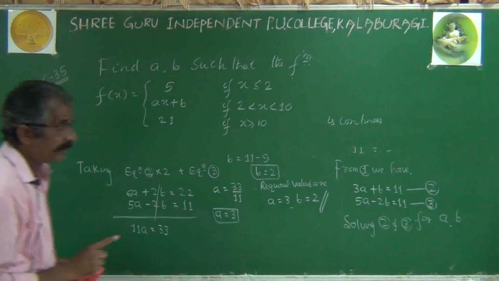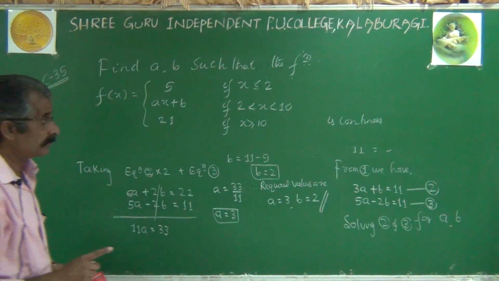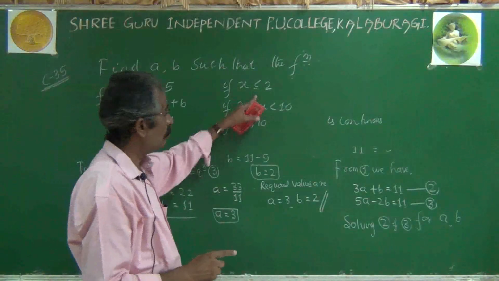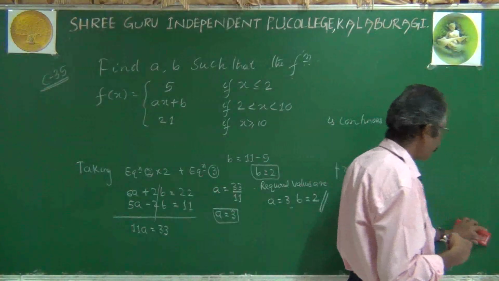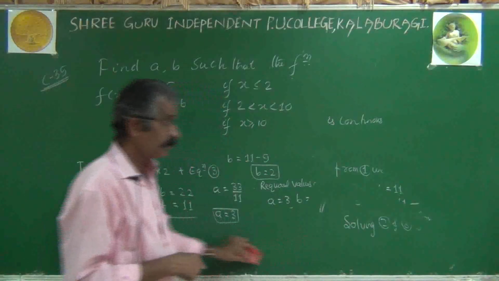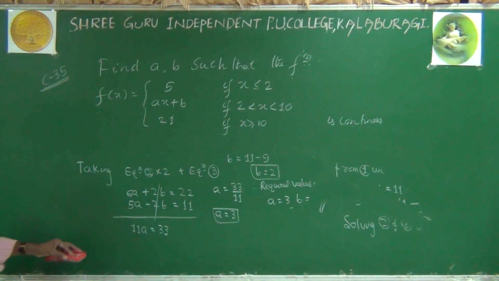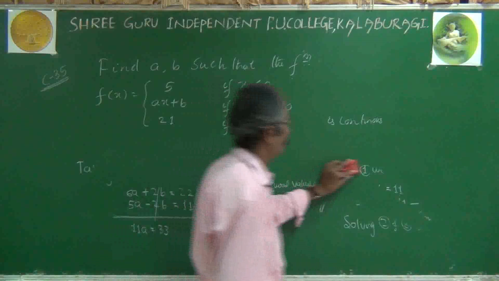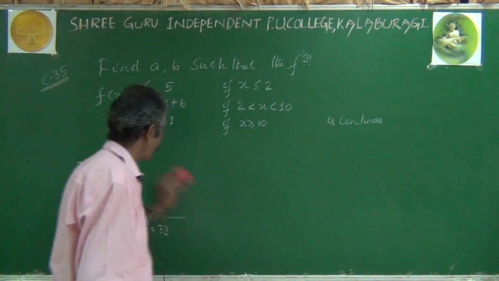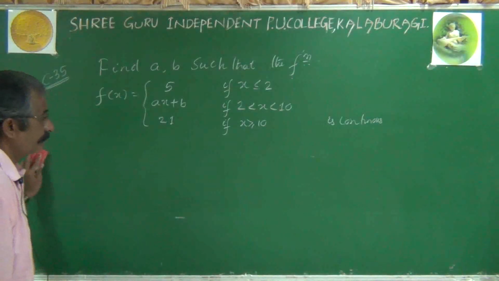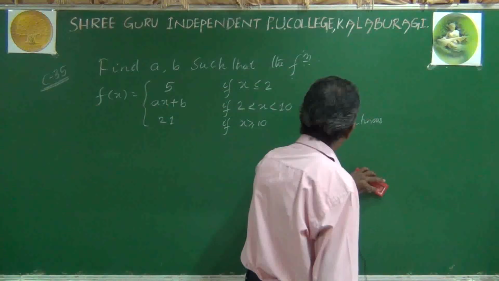Now it is understood that we need continuity at 2 points, those points are x equal to 2 and x equal to 10. So let's have two different cases. We shall combine them to determine the values of a and b correctly. Let's have the solution.